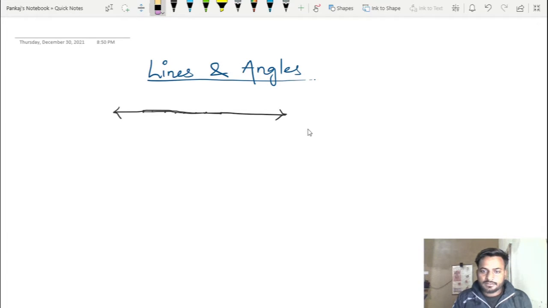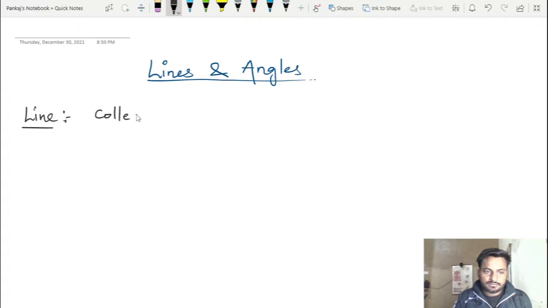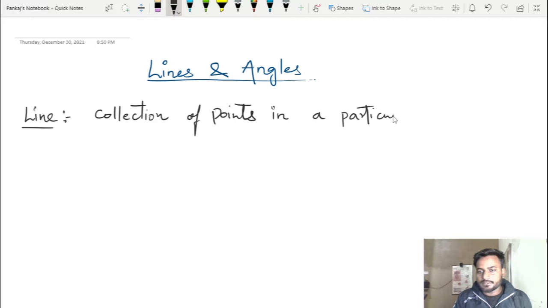So if we write its definition, line. So what is a line? A collection of points in a particular dimension.